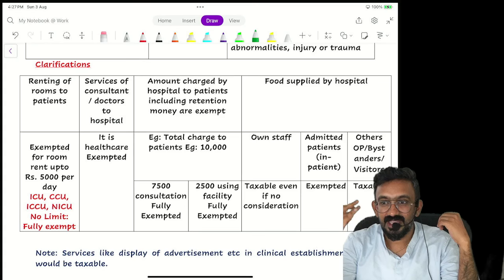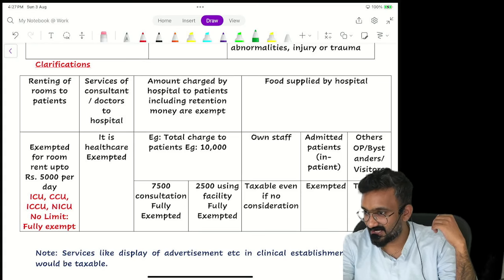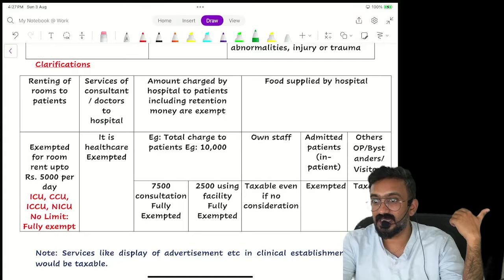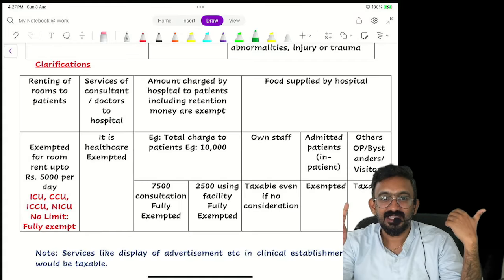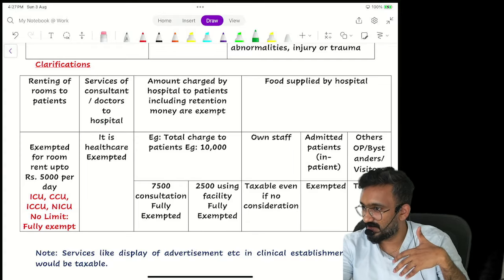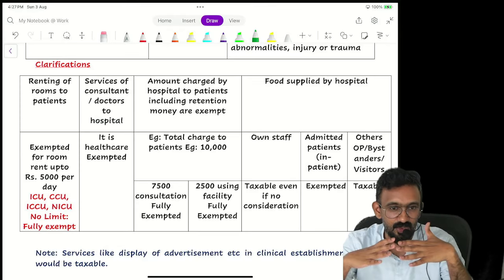ICCU, intensive coronary care unit, cardiac care unit, where those having heart diseases will be kept. NICU: incubators for small babies, born up to 90 days, they are kept in incubators. Neonatal intensive care units, no limit.